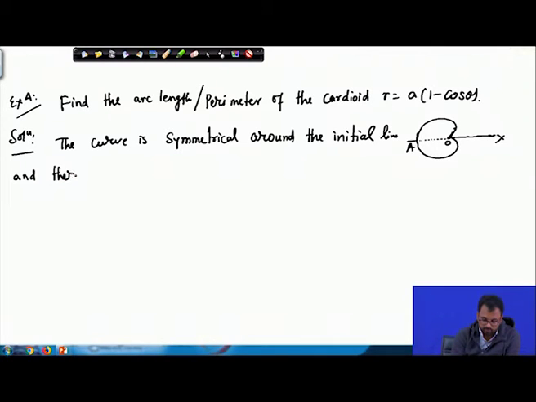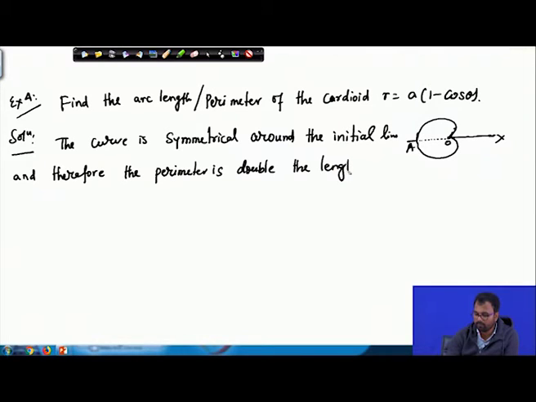And therefore, its perimeter is double the length of the arc lying above the initial line.